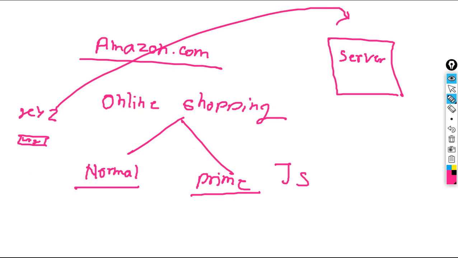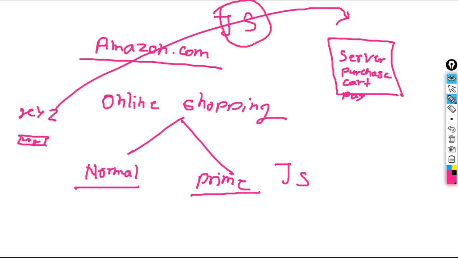According to the type of customer, particular information will be displayed to that user. Also the server will hold the information about his previous purchases, cart, payment details, correct? So all this business logic will be done with the help of JavaScript, understood?